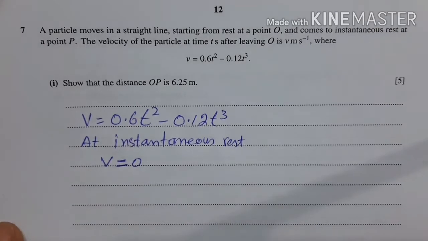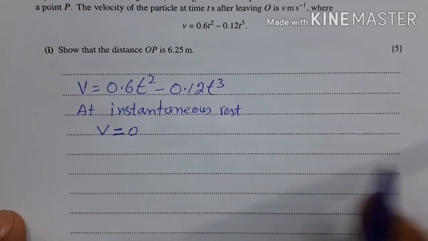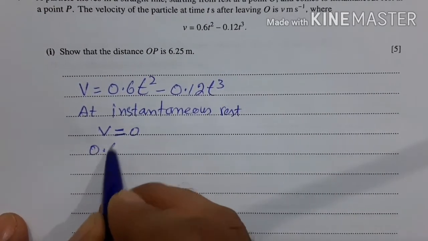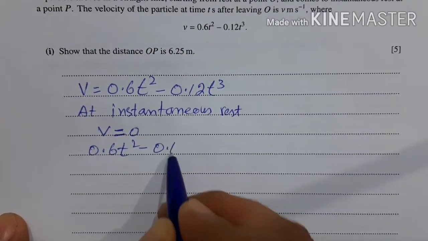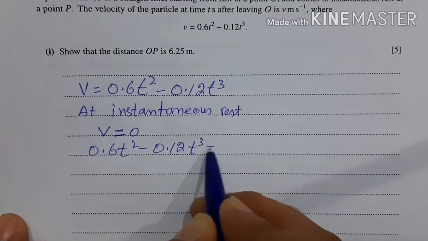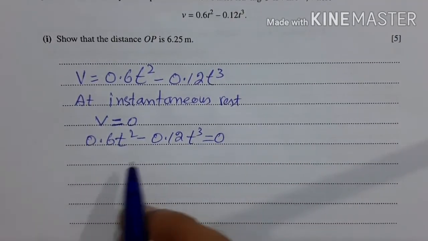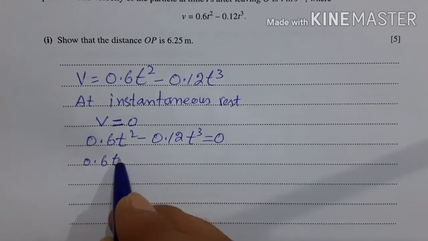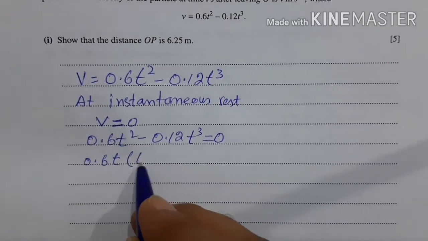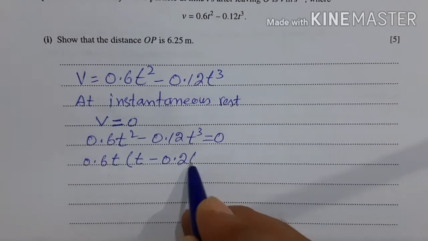We'll find the time when the body will be at instantaneous rest. So 0.6 t square minus 0.12 t cube is equal to 0 because v is 0. We'll solve this. Take 0.6 t square common, since this is t cube. So this will become 0.6 t square times (1 minus 0.2 t).